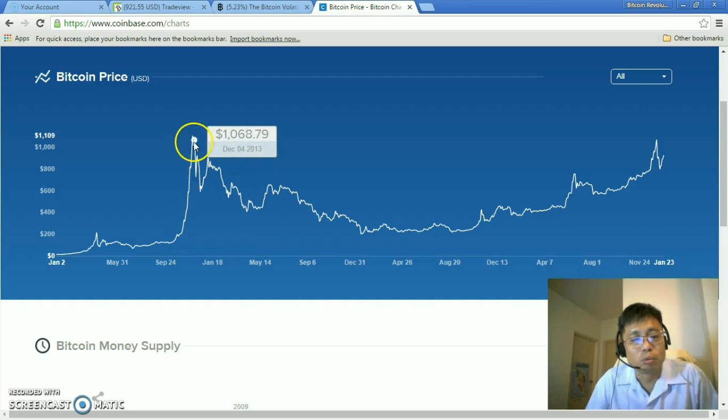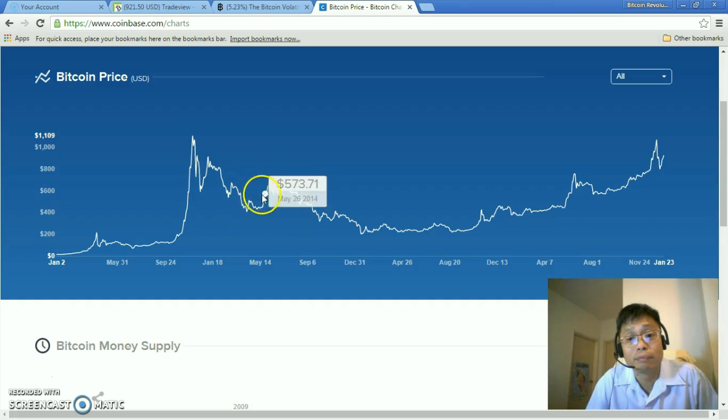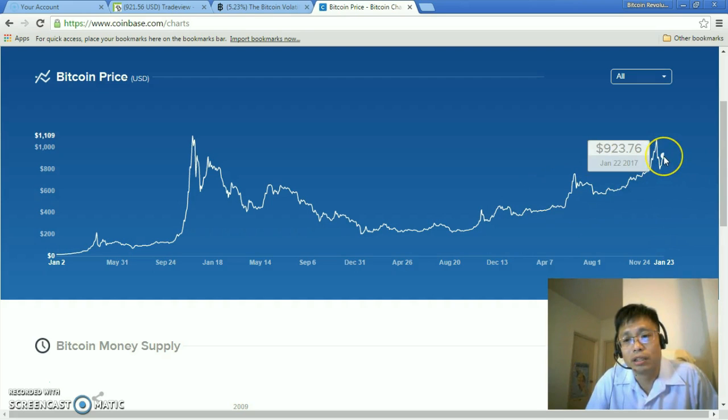So will we see a repeat of this formation? Well, with this past all-time high, current all-time high of 1,100 plus, price then went down and it went to as low as 200 plus in the beginning of last year, and price slowly recovered, as you can see, and currently it is consolidating at about 920 plus.